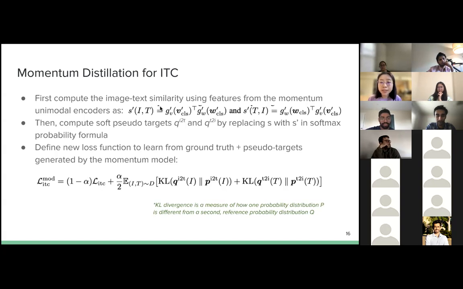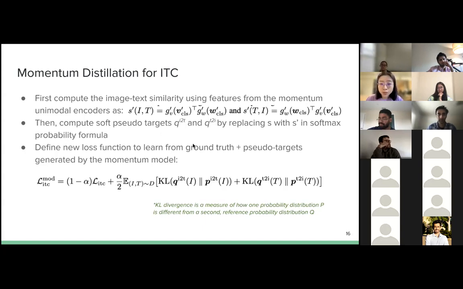The way we do that is similar to how we computed the image-text similarity loss in our previous ITC objective. We take a similarity score s prime, but instead we are going to use representations of the image and text classification token, both from the momentum encoder.